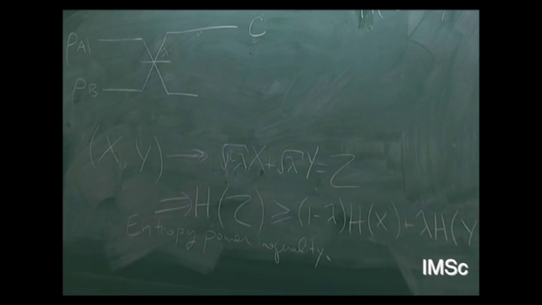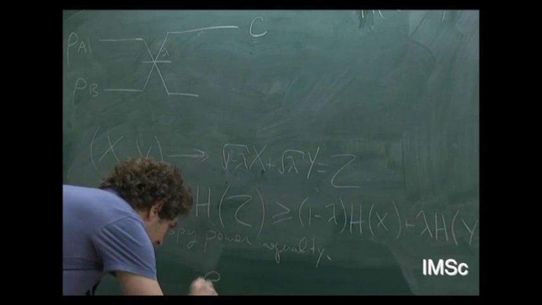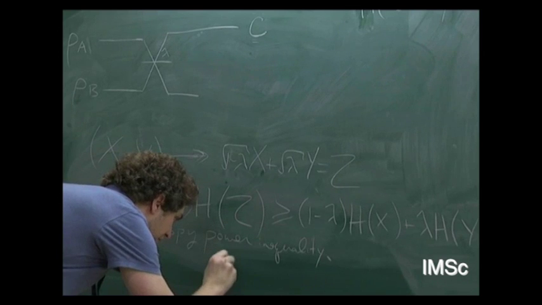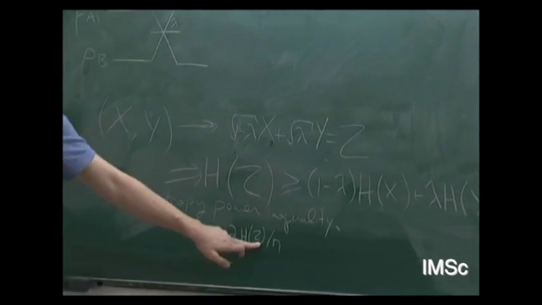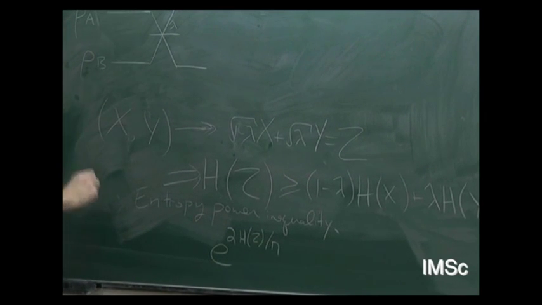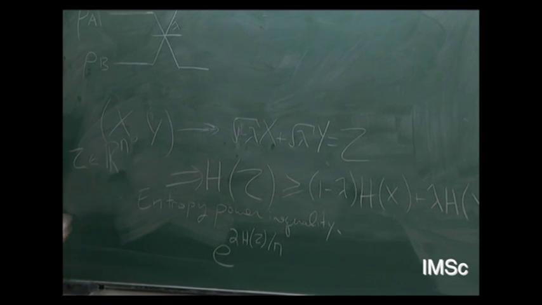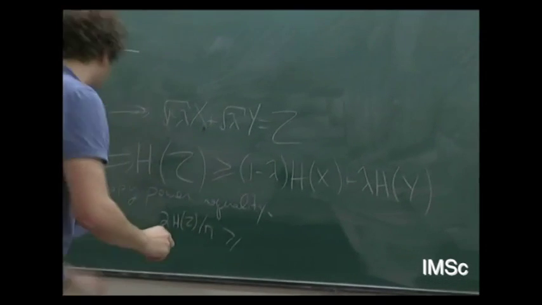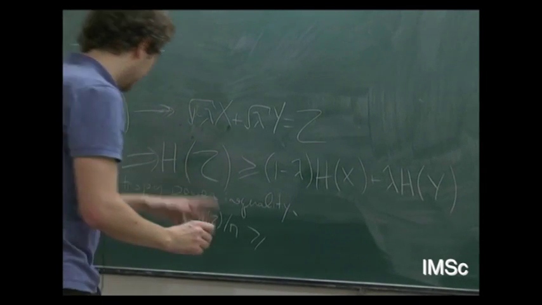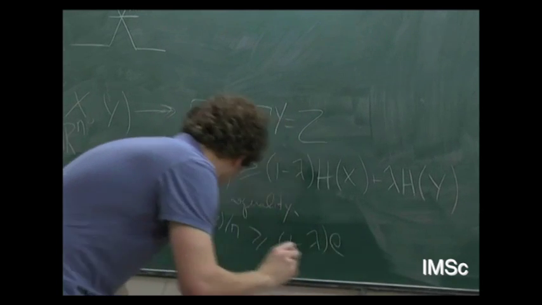It has several equivalent forms. I guess the standard way that people write it, or the first way that people wrote it, was e to the 2 entropy of Z over n, where Z lives in R^n, should be bigger than or equal to the average of the individual values, 1 minus lambda e to the 2 entropy of X over n plus lambda e to the 2 entropy of Y over n.